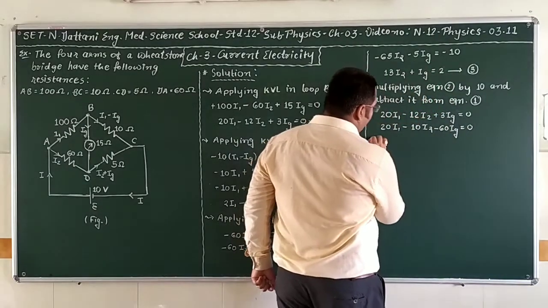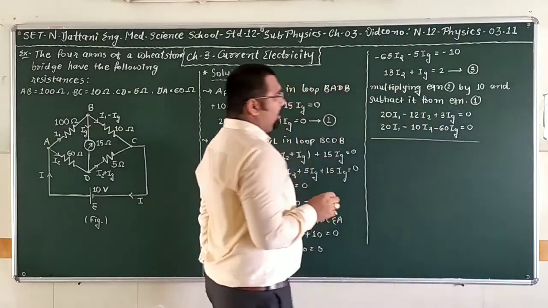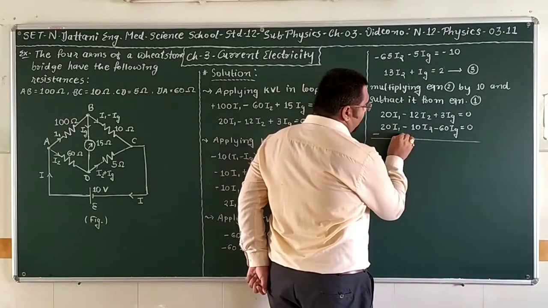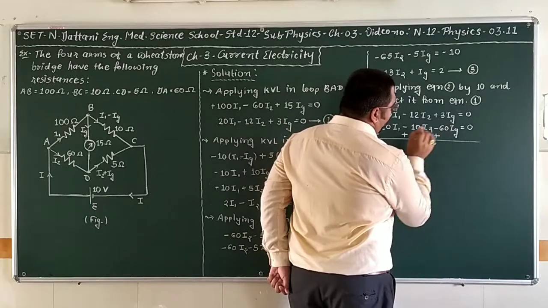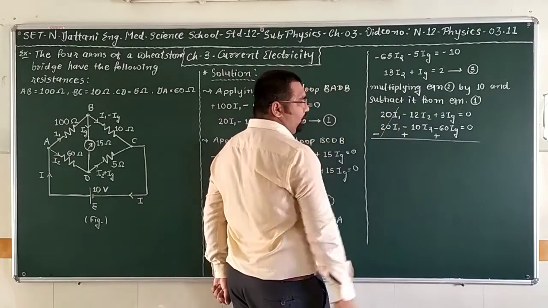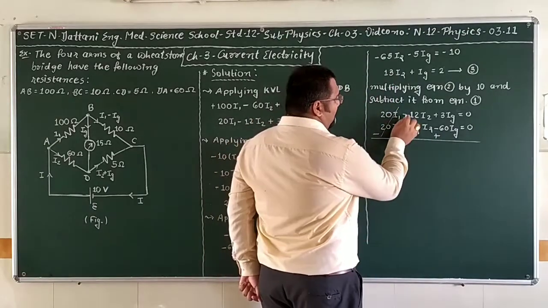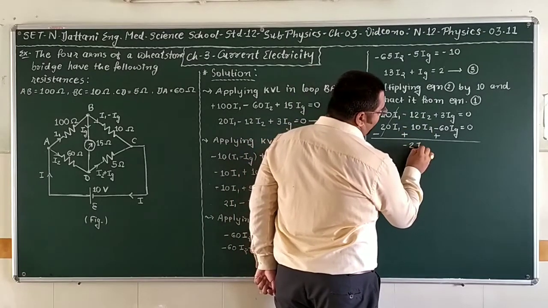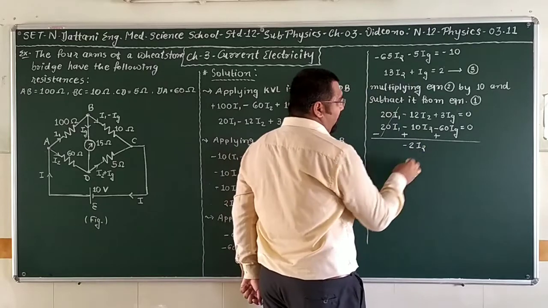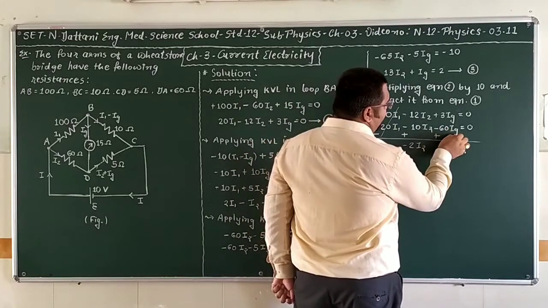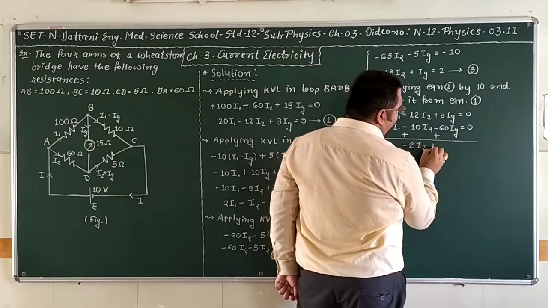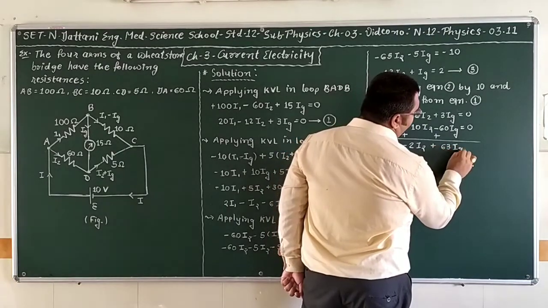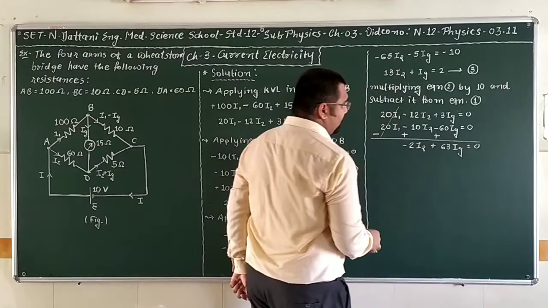So now we want to subtract this equation, so we will change the sign. Now 20I1 minus 20I1 will be cancelled. Minus 12I2 plus 10I2, that is minus 2I2, and here 60Ig plus 3Ig, that is plus 63Ig is equal to 0.